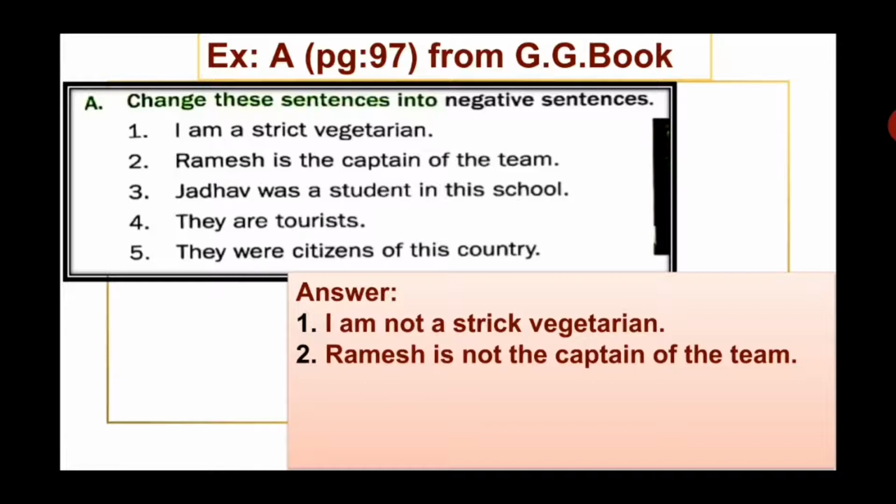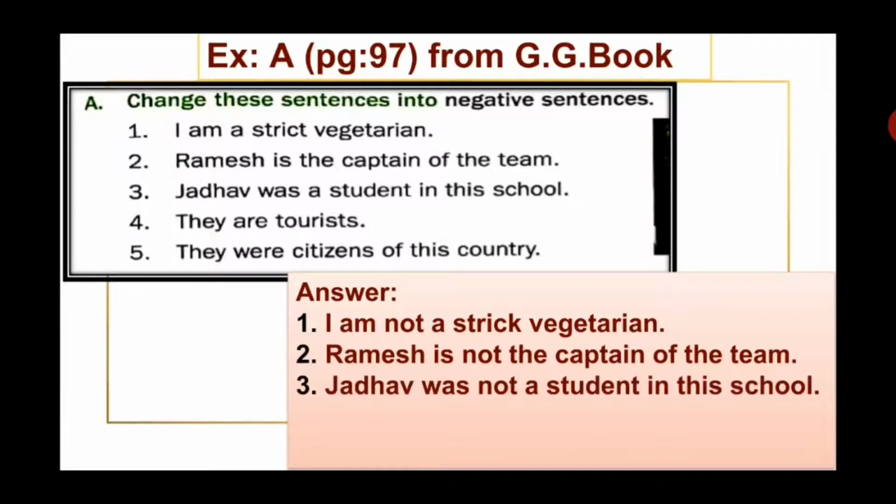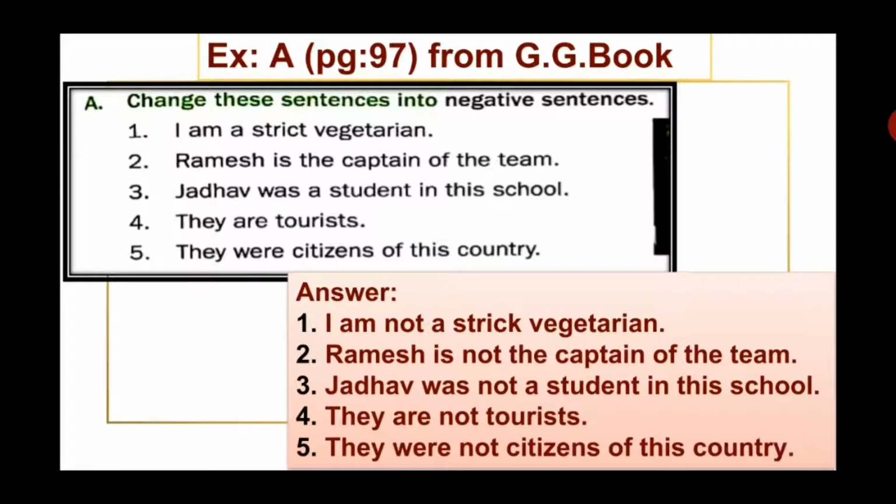Javed was a student in this school. The negative one, Javed was not a student in this school. They are tourists. The answer will be they are not tourists. They were citizens of this country. They were not citizens of this country. So that will be the bookwork's answer.